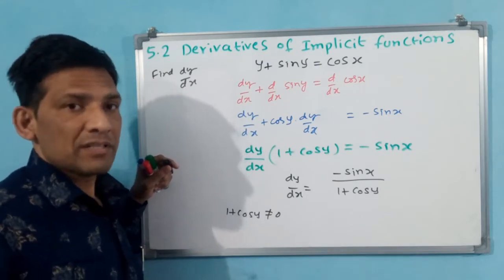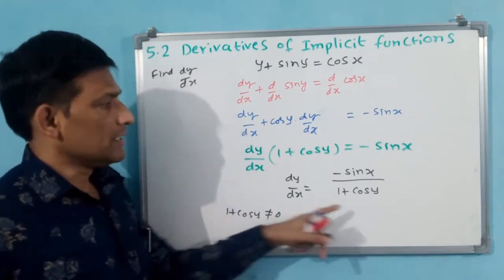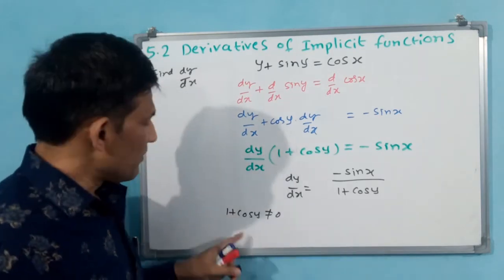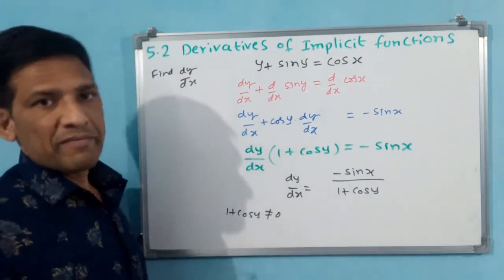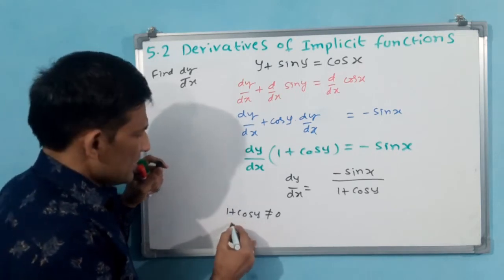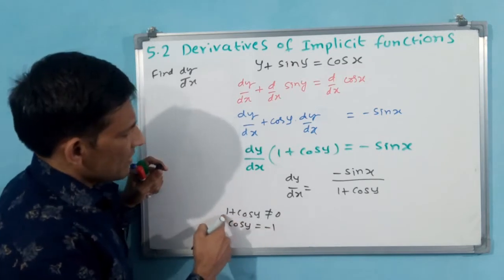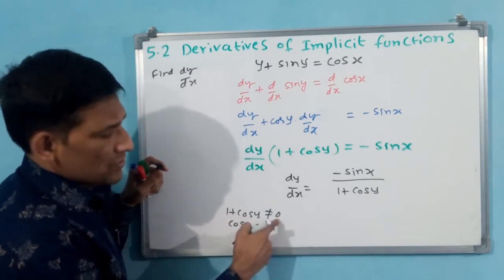Whenever trigonometric functions or implicit functions come, you treat that the denominator shouldn't become 0. Denominator becoming 0 means undefined. 1 plus cos y should not become 0 means cos y should not become minus 1. Is it correct? Why? Because plus 1 minus 1 is 0.